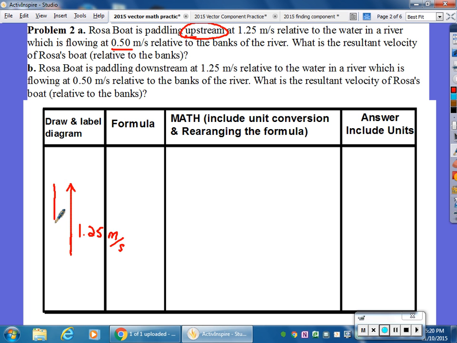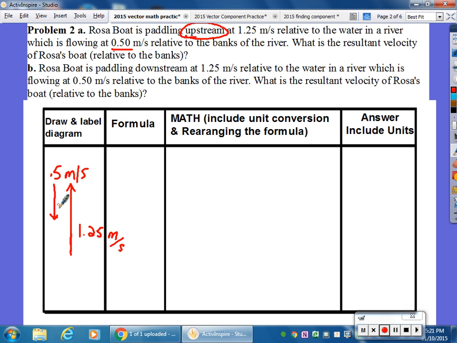So the water is flowing 0.5 meters per second, because water always flows downstream, because that's what it means to be down. If you're on top of a mountain and you're in a river, you are up the stream, and then the river by gravity naturally is just going to flow downstream. So in this rowing a boat scenario, she's going against the current flow, so to speak.